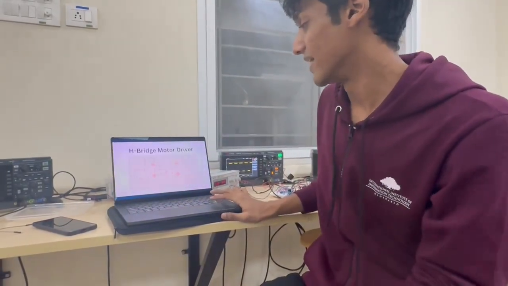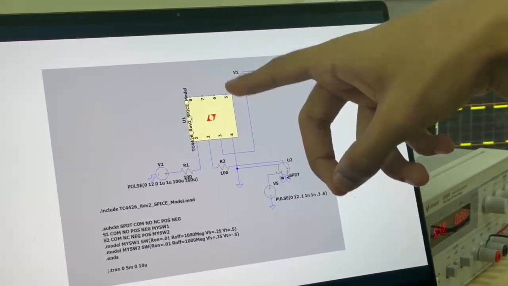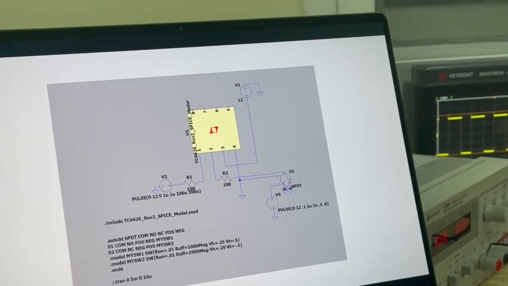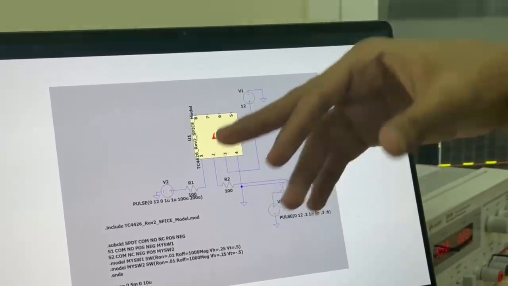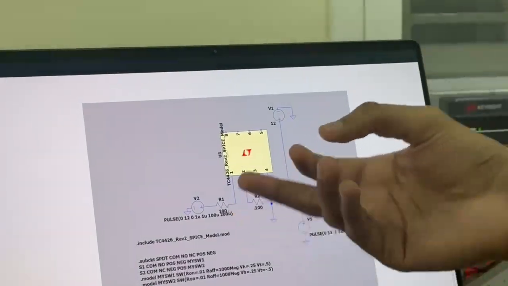We have also made an LTspice model for it. We couldn't find any LTspice model for the TC4426, so we found an online model which we implemented.